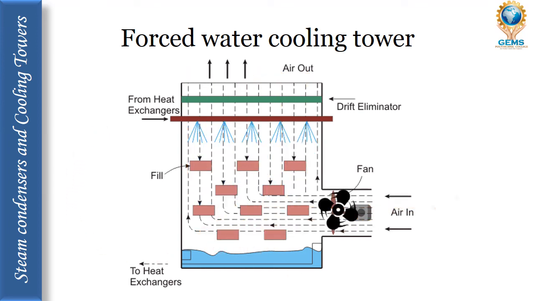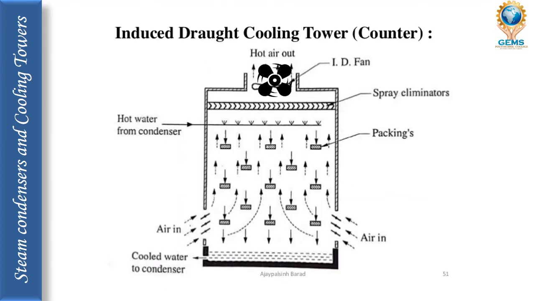Now let's see the induced draft cooling tower. So in this induced draft cooling tower, we induce the air by keeping the fan at the top of the cooling tower. Here, the same principle applies as in the forced draft: the hot water from the condenser is sprayed from the top, and in induced draft, the air from the bottom is induced inside by running the fan at the top.